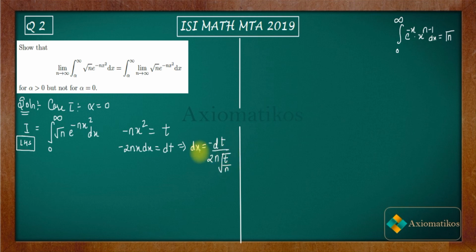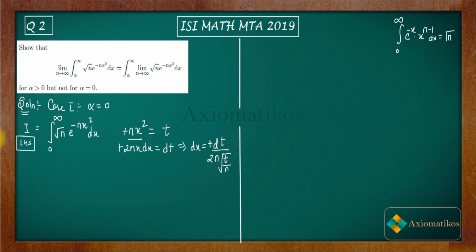I'm sorry, I will not consider minus. Consider this plus n x square and put it equal to t, because otherwise x square will not be defined unless t is greater than 0. So just substitute n x square as t, and you will get this.